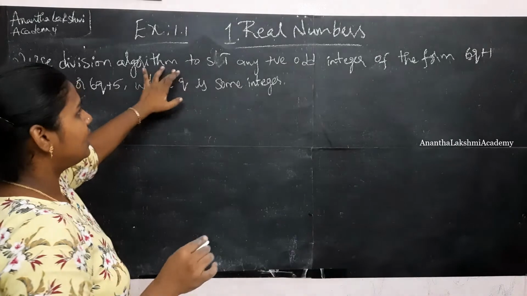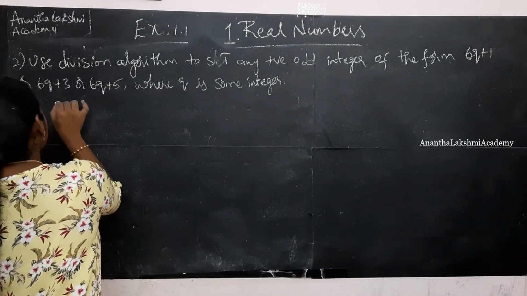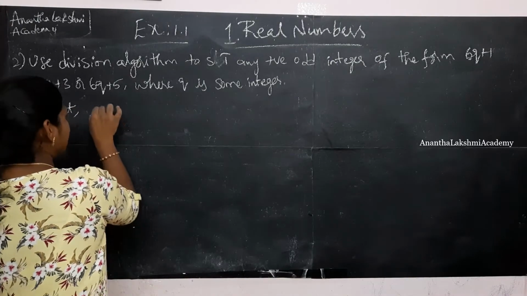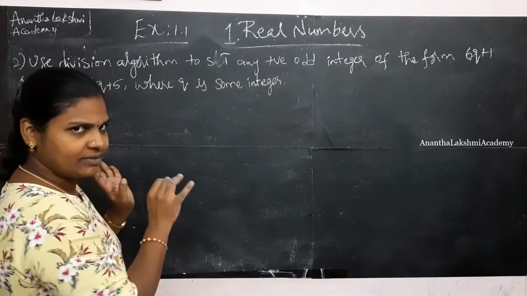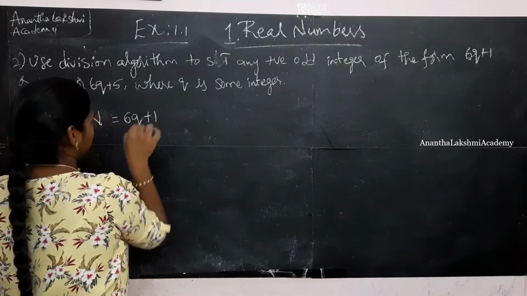Here they are saying that any positive integer is of the form, let some number, our dividend, capital N, be equal to 6q plus 1.